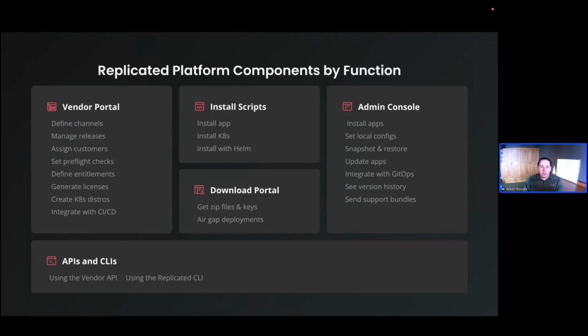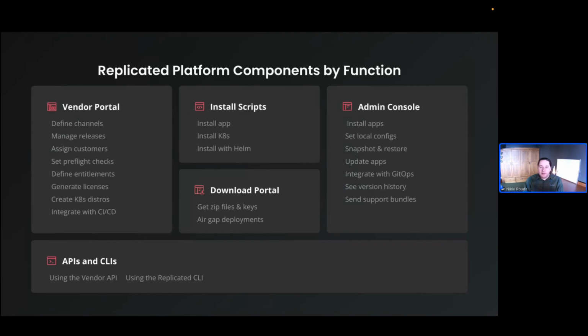So we have the vendor portal. This is a place where you as a software application vendor can manage your channels, releases, customers, define entitlements, licenses, everything you need to set up how the customers will interact with your software and how they get it. We'll have install scripts that quickly help you install your application, install Kubernetes if you want it, install with Helm.